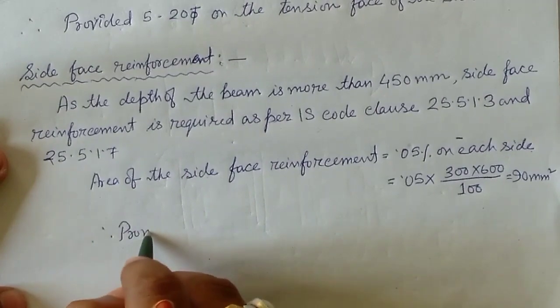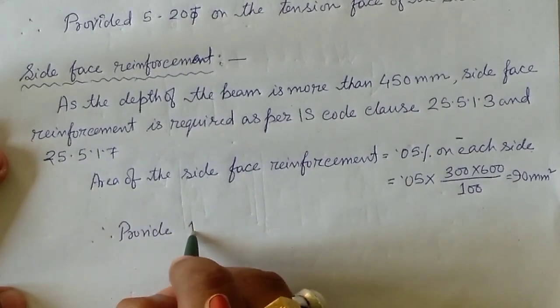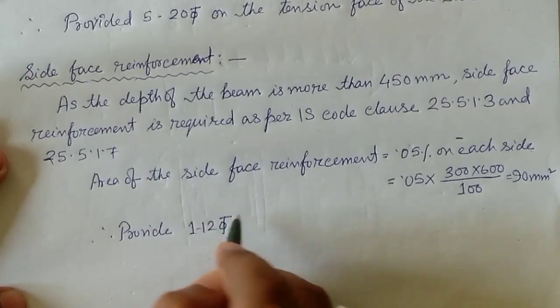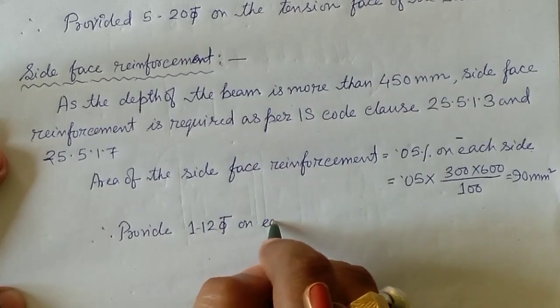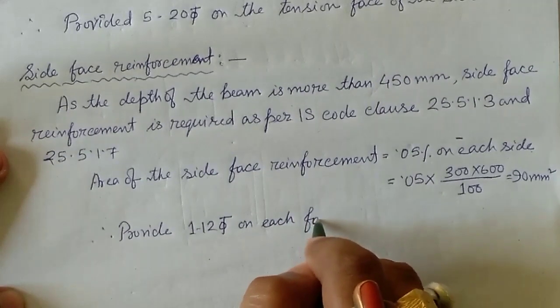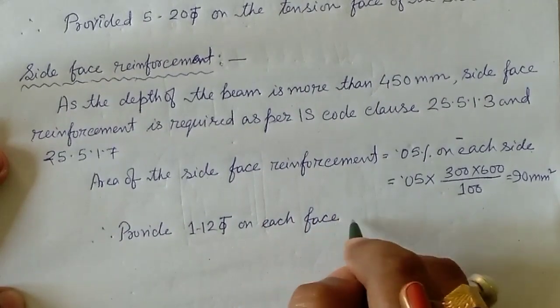Therefore, provide one number of 20 Tor bar on each face.